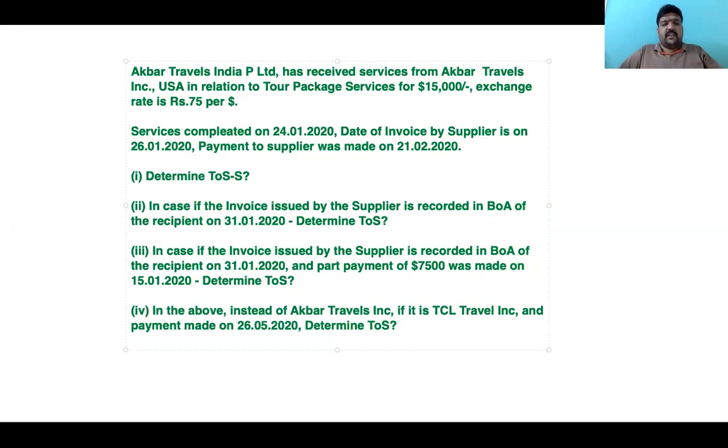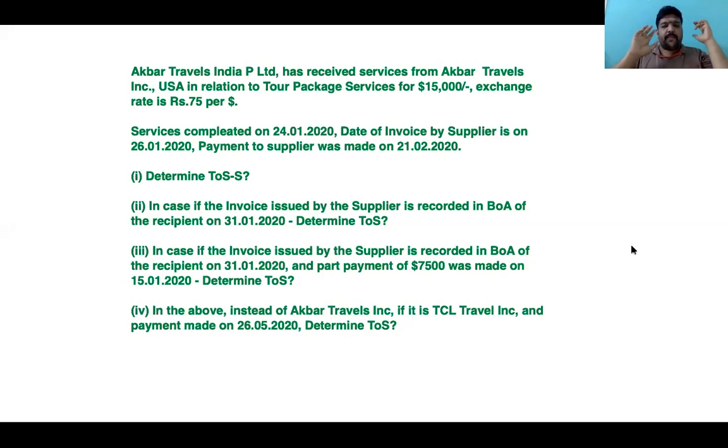We are again changing the payment details only. Of course, the name is also getting changed, because I don't want to alter from the original, or the first three questions will become meaningless. So instead of Akbar Travels, you change the name to TCL Travels Inc. USA, to whom you make a payment in relation to the tour package. The payment date in the original question says 21/2/2020. That should be read as 26/5/20, because of the pandemic, for this or that reason, they made the payment not on 21/2/2020. So you have to read the first two paragraphs and italic 4.